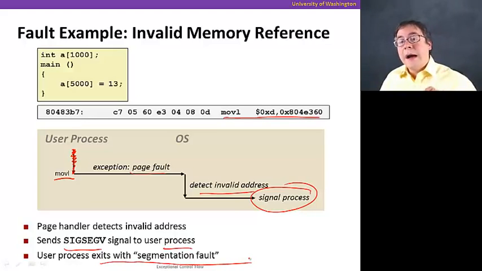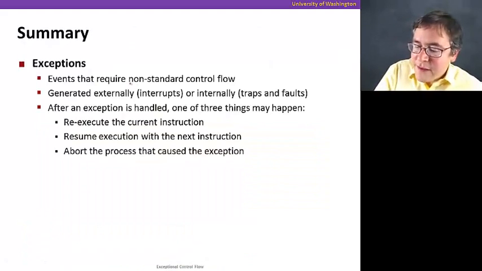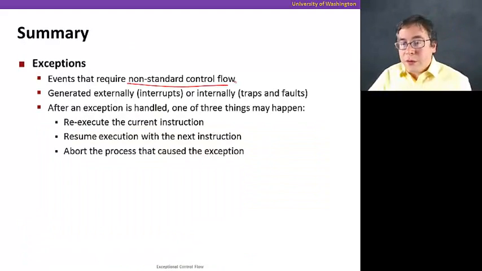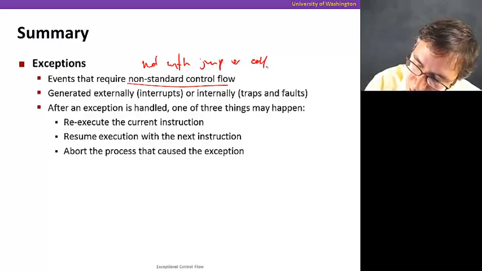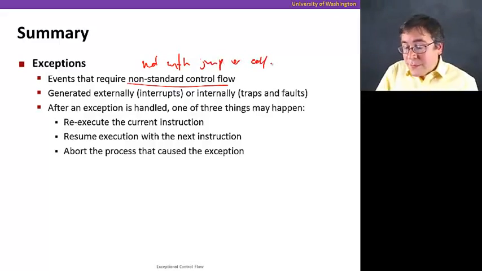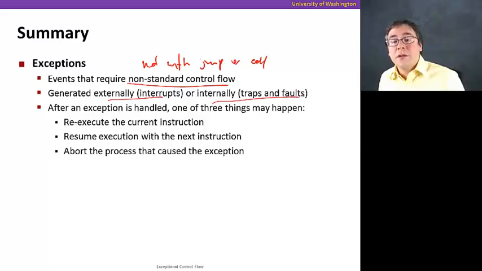Now, to summarize, exceptions are events that require non-standard control flow, that is, not jumps or calls. They are typically generated externally in the case of interrupts, or internally in the case of traps and faults.